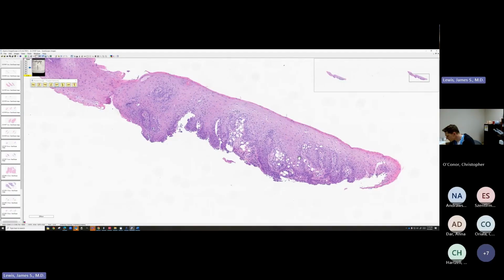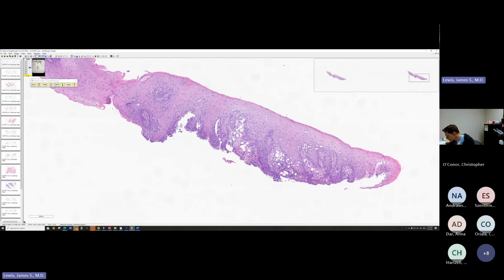So yeah, I think here you could say there are some features that could overlap with reactive a little bit, but there's not really a good reason for it. There's a little bit of chronic inflammation in here, but I don't see neutrophils in the epithelium. It's relatively regular in thickness. I don't see big nucleoli or mitotic activity out of proportion to the cytologic abnormality and the hyperchromasia.